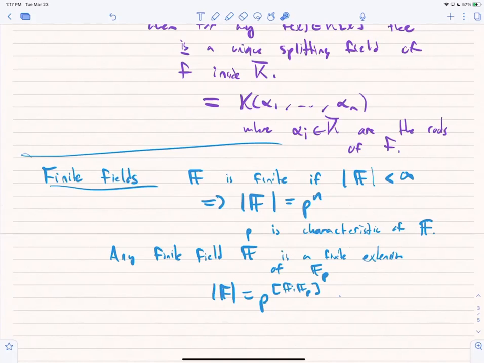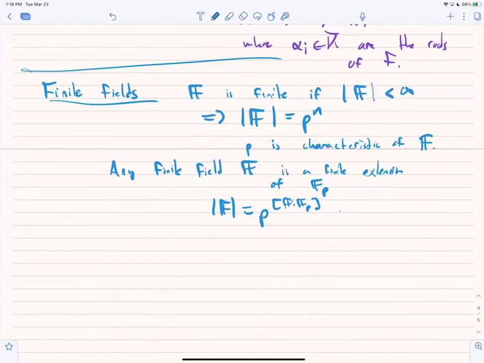Let me leave with the punchline: yes, there's a field of order p to the n for every n, and it's unique up to isomorphism. But we'll get there in a minute. This is not hard to see. There are many different ways you can justify this, but we've done enough now that there's a very simple way to justify it.